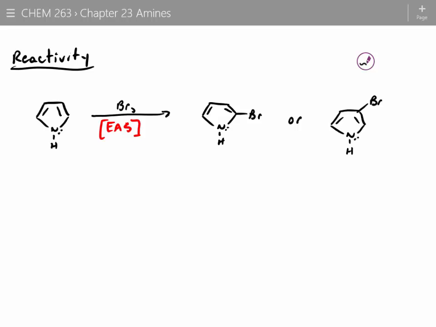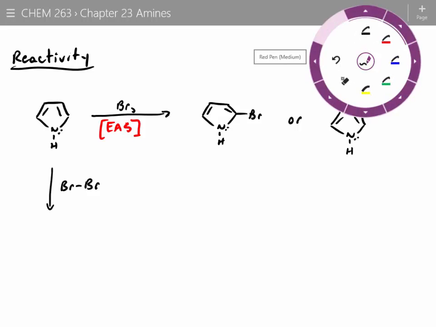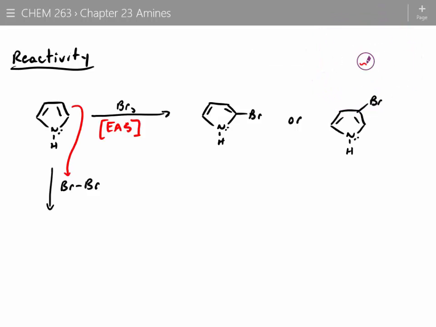So if you think about it, you can draw these, and you could say, all right, if it's going to be this one, that means that, let's actually draw out the options. We could draw this attacking, kick off our leaving group.